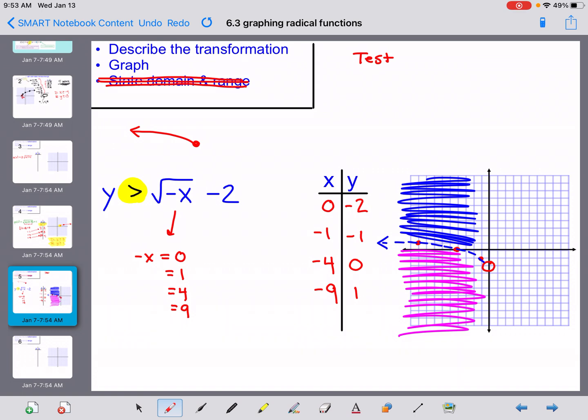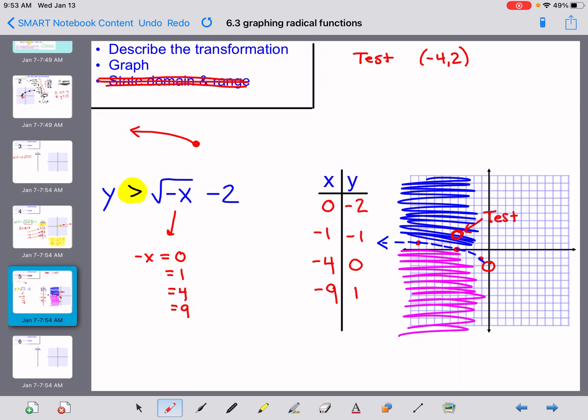Now, I would not test 0, 0 here because 0, 0 is on that domain border. So we want to pick something that's clearly above or below the actual graph. So I'm going to do -4, 2. Right, so -4, 2 is my test point. Right here, this is what I'm testing.